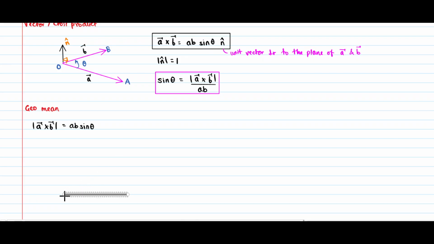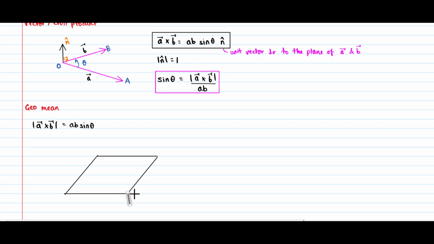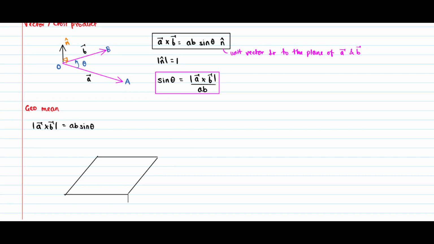It might not be a perfect parallelogram, but let's just try to make it one. Close enough, right? Okay, so this is a parallelogram, and let's say this is O, this is A, C, B. This is vector B, this is vector A, and this is the angle theta.